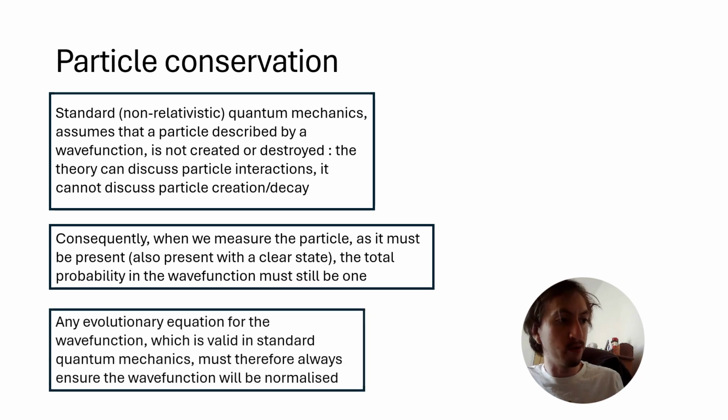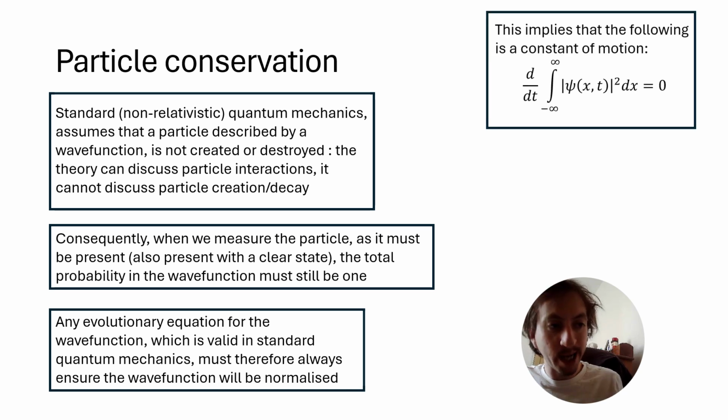So because a particle has to always be present and the wave function of the particle has to always be present and preserve the total probability, we can say, as we said before, that the integral of the size of the wave function squared integrated over space has to equal 1, and this has to be true for all time. And since 1 is a constant, it's just a number, if we differentiate 1 with respect to time, we'll get 0.